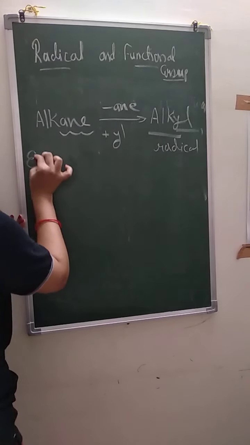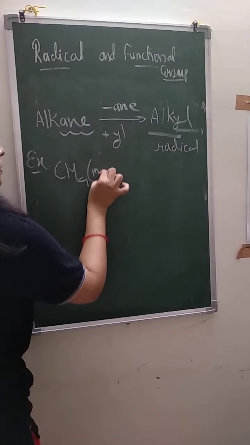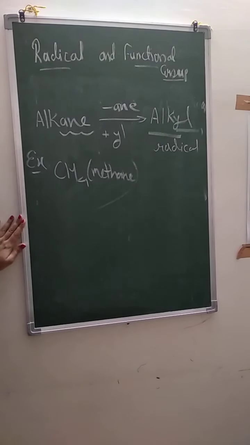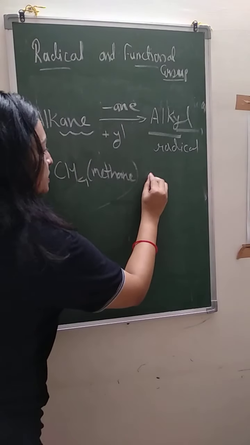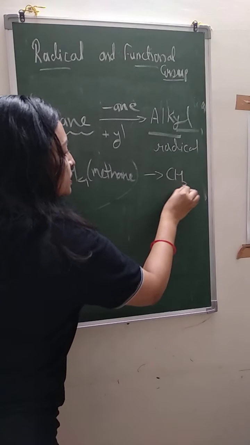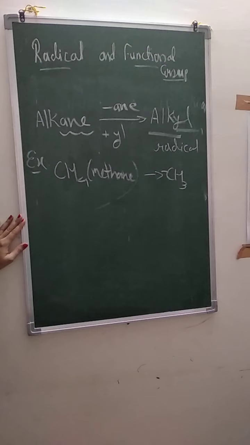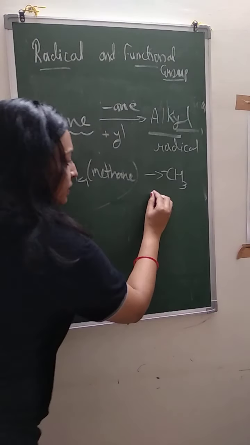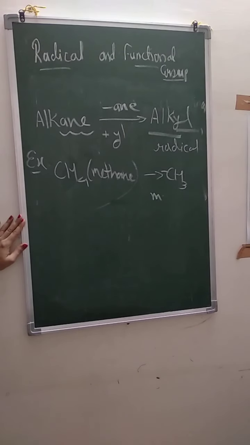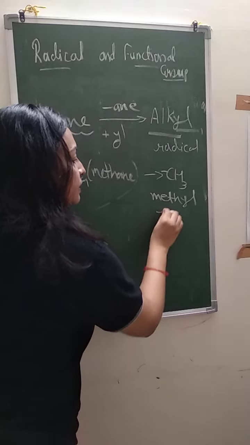For example, suppose this is methane. Now, one hydrogen is removed, so this forms CH3 and this is the vacant position. Now, what is the naming? Methyl radical. The name is methyl radical.